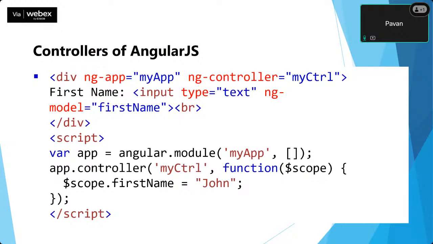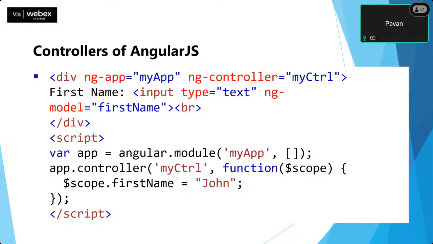So here in the function, we are pre-mentioning or predefining John as the first name. Until and unless we get input from the user, John will be the first name. Okay.